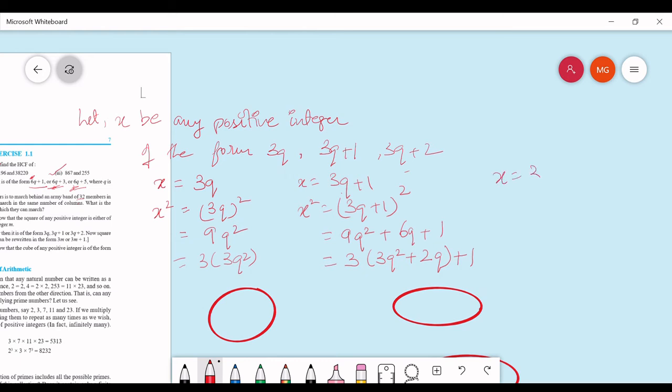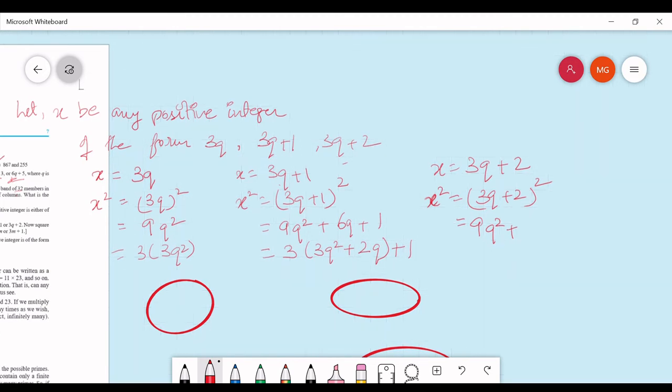Next, x is equal to 3q plus 2. Now x square will be 3q plus 2 whole square. This is 9q square plus twice of AB, plus 4, right? So I can split this one as 9q square plus 12q plus 3 plus 1, right?